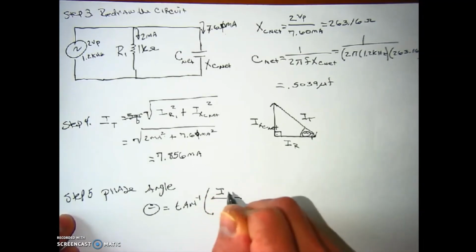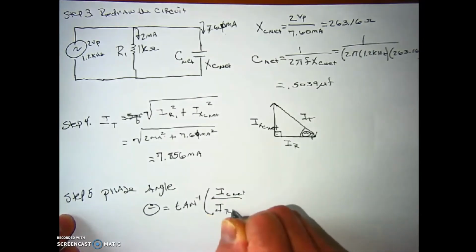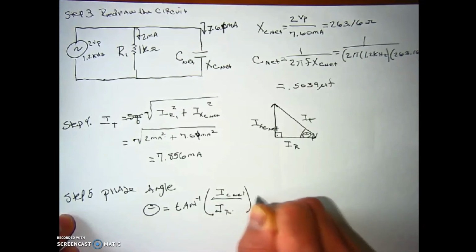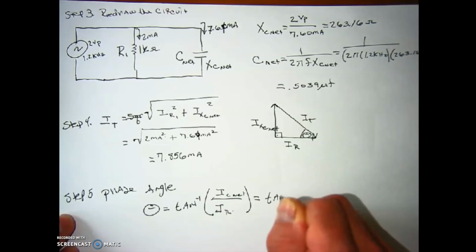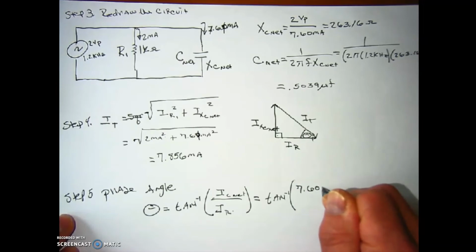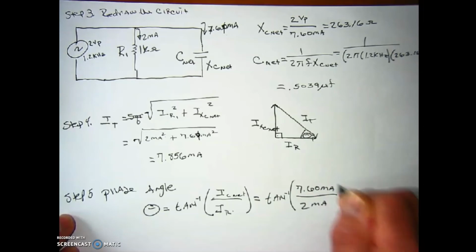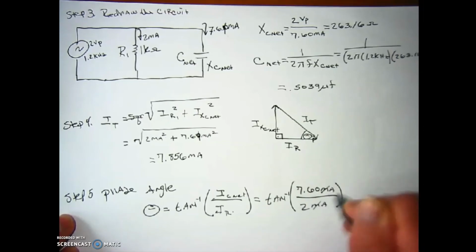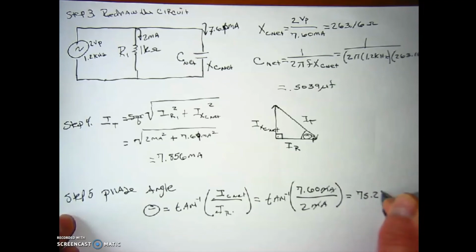So this is going to be I C net over I R. What we come up with is the arctangent of 7.60 milliamperes over 2 milliamperes. Since the milli and amps cancel, we're left with just a number. In this case, we are coming up with an angle of 75.2 degrees.